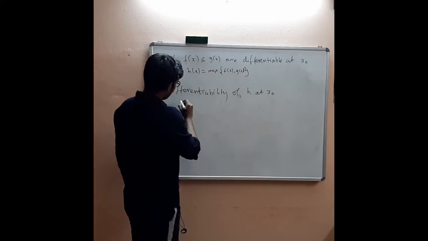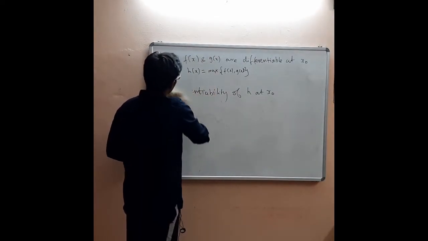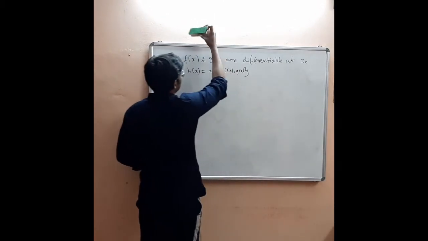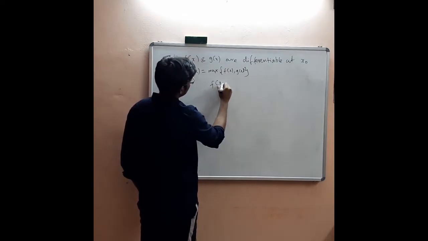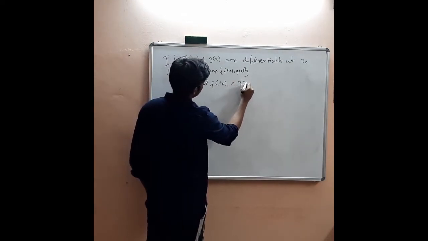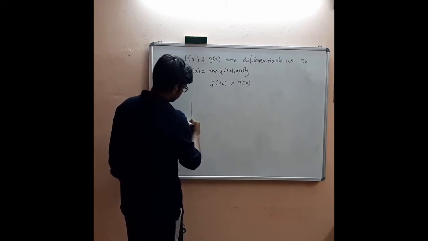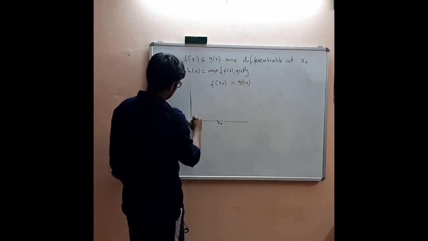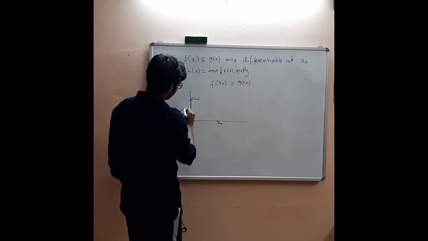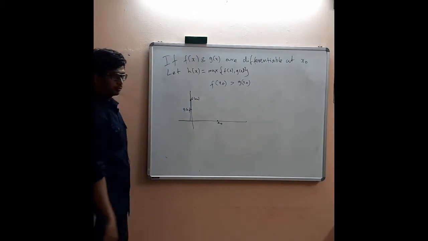Now, let me erase this also. I need more space. Now we have f of x0 greater than g of x0. Let's say x0 here. Let this be f of x0 and this be g of x0 on the y-axis.